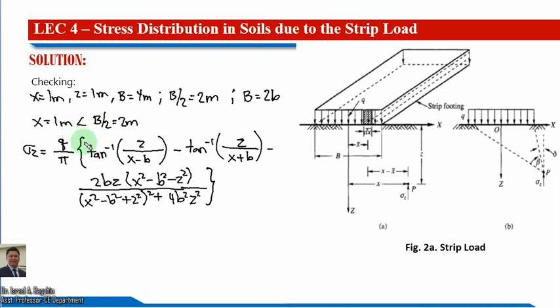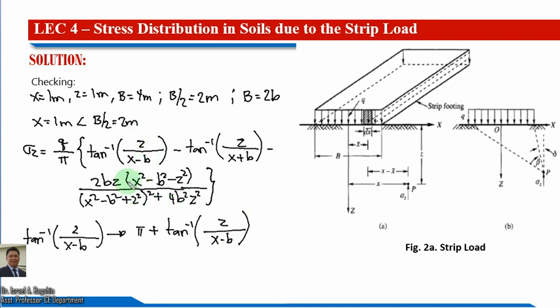But in this case, since it is less than, according to the principle we are going to replace this inverse tangent of z over x minus b with pi plus the inverse tangent of z over x minus b, if you can still remember.